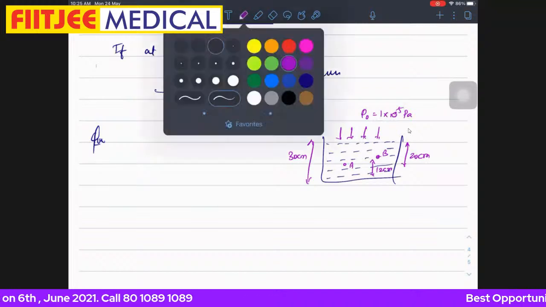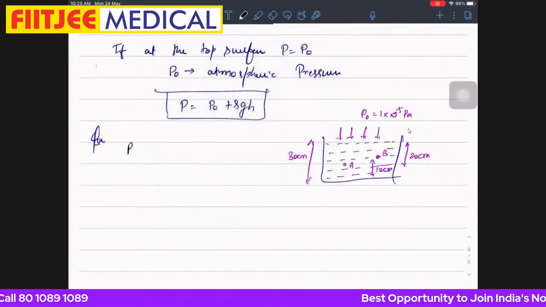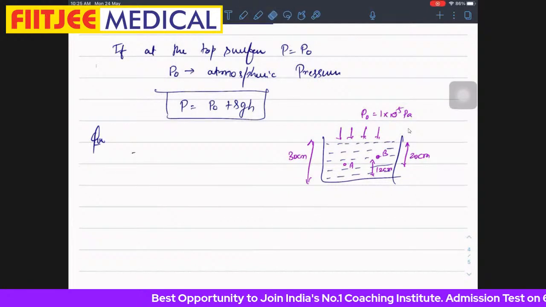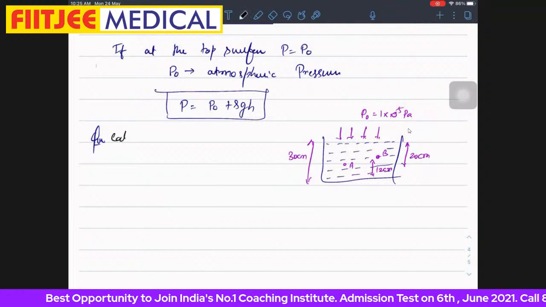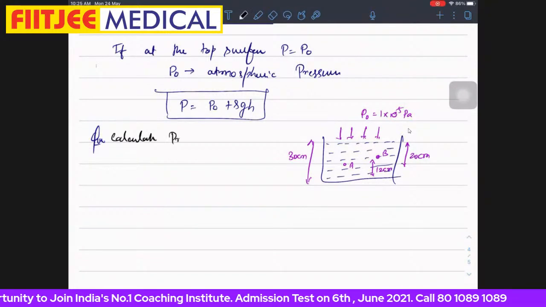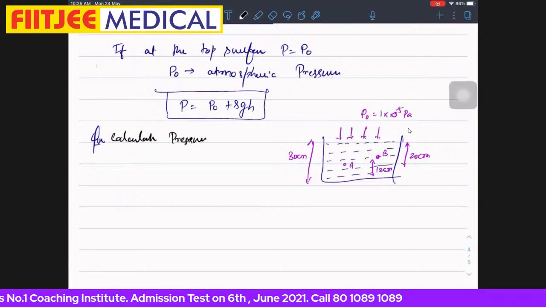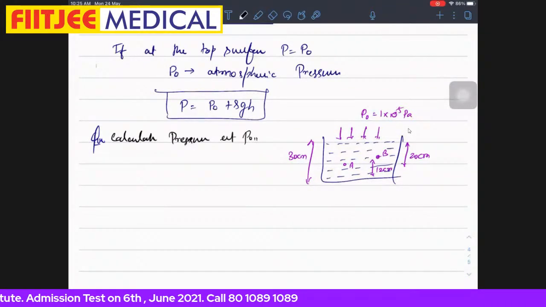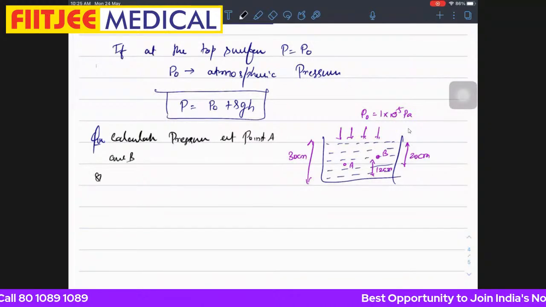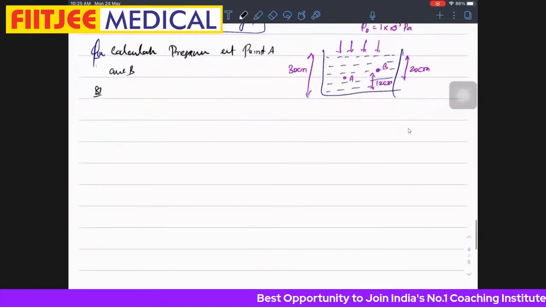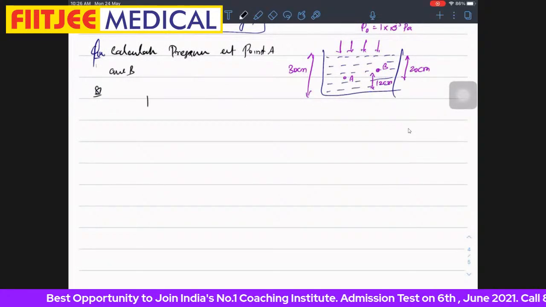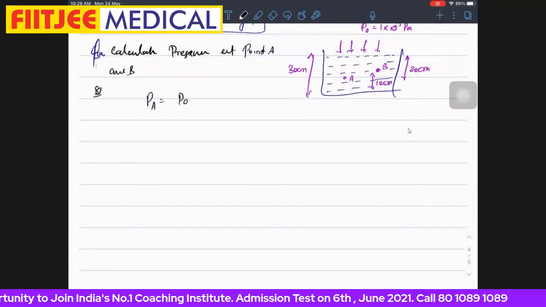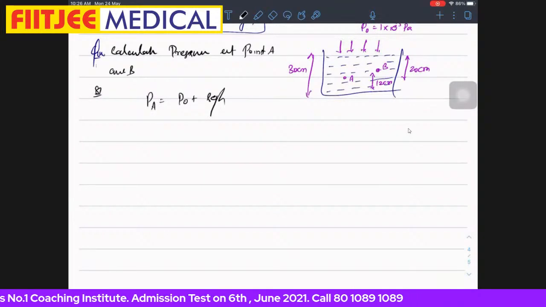Now if I want to write the pressure at point A, so what it would be? Let's write the question first. Calculate pressure at point A and B. So what I can write, pressure at point A will be P naught plus rho gh.